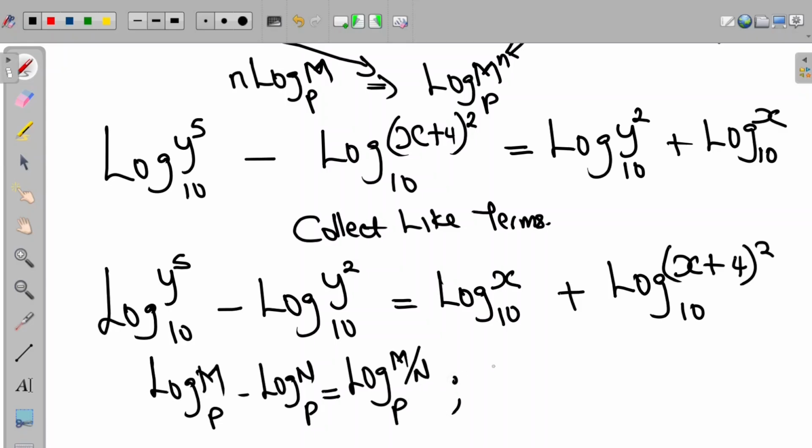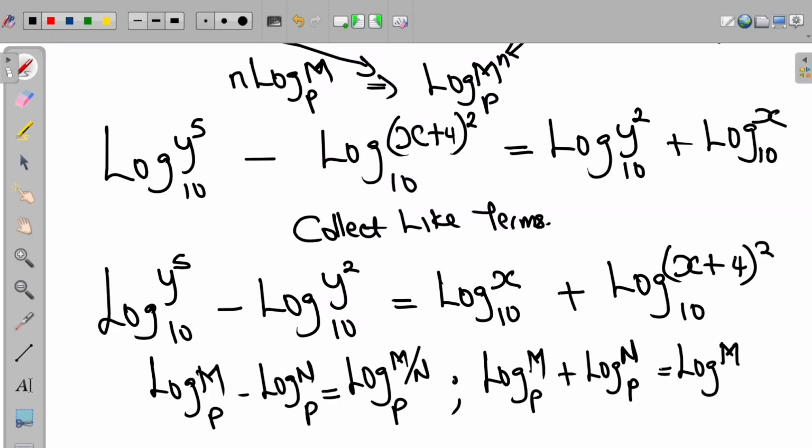Also, for the addition law, log m to base p plus log n to base p can also be expressed as log m multiplied by n to base p. So we apply this rule in our left hand side and apply this rule in our right hand side.